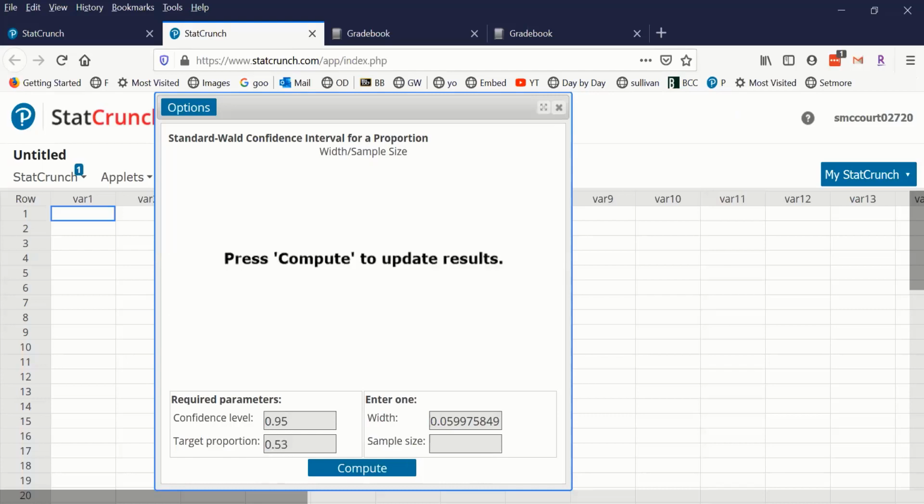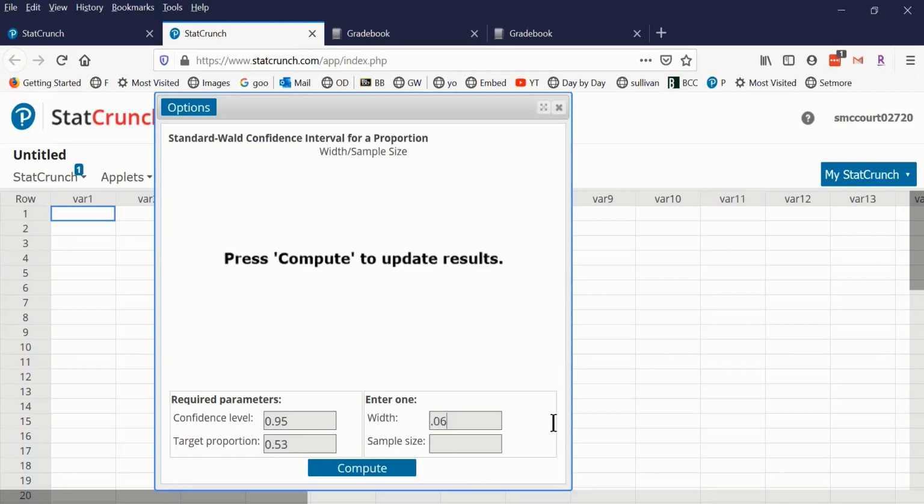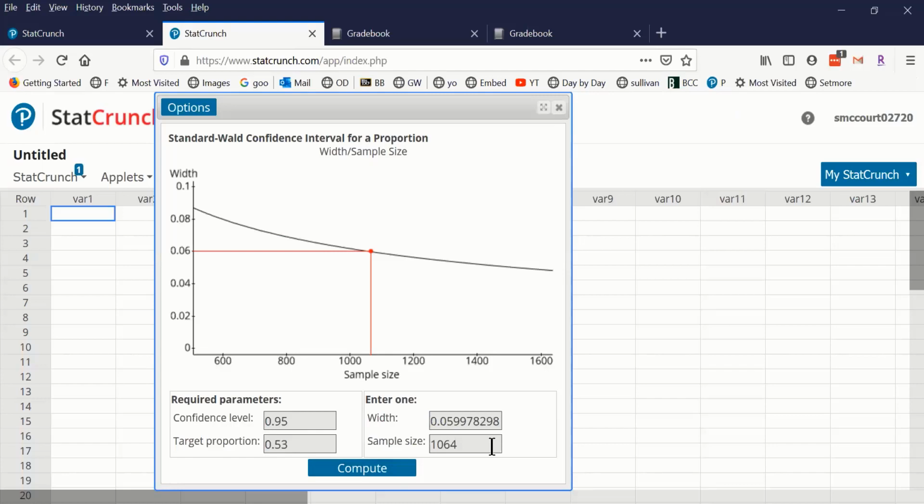Whoops, 53. Compute. So 0.95, 0.53, and we put in a width of 0.06 and compute and get 1064 as our result. Now notice the width changes slightly. The width gets slightly smaller to round up the sample size to a whole number. So it rounds it up for you to make it simpler.